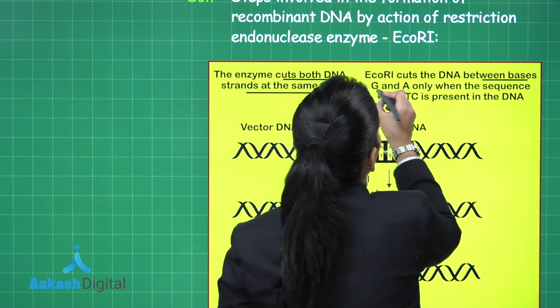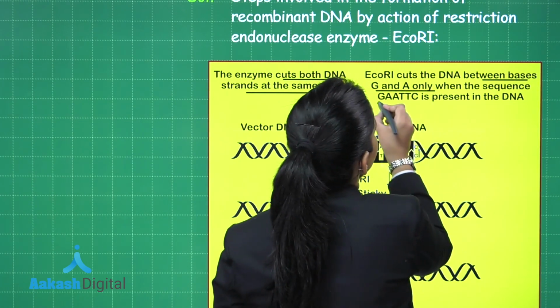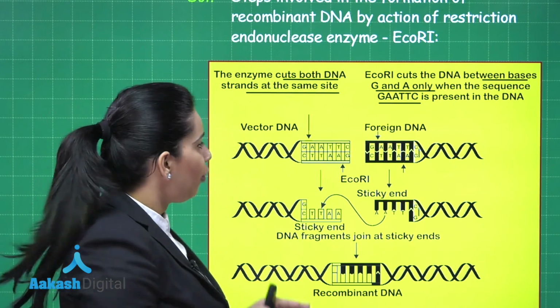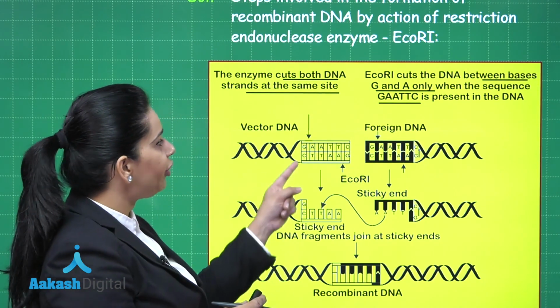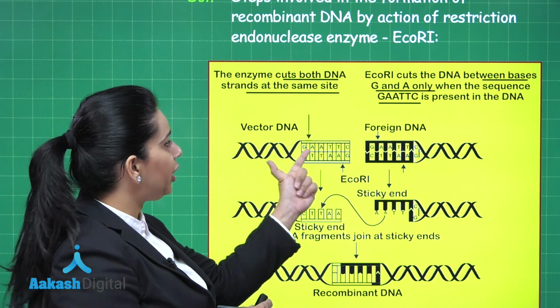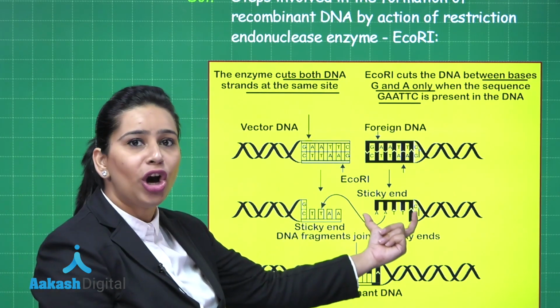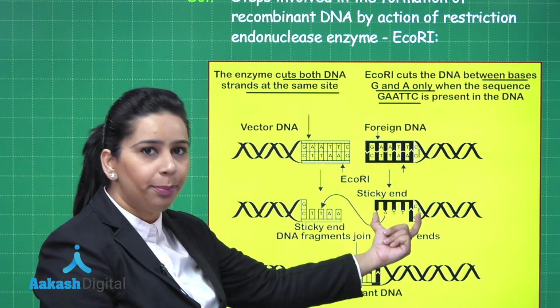G and A of the palindromic sequence GAATTC. So when this restriction enzyme cleaves the DNA strands between G and A, we will get the sticky ends. Sticky ends because these are unjoined bases.